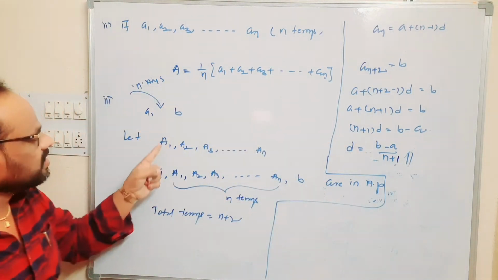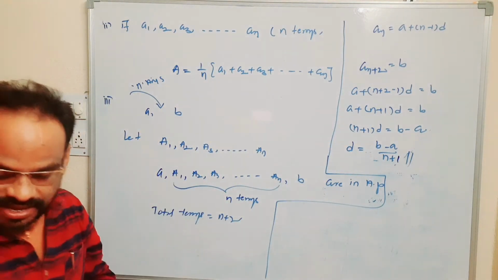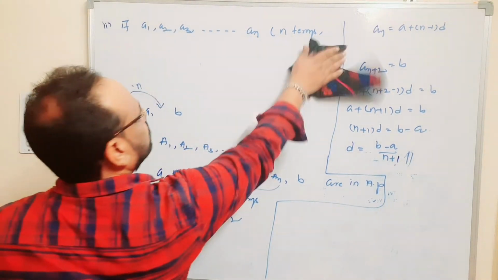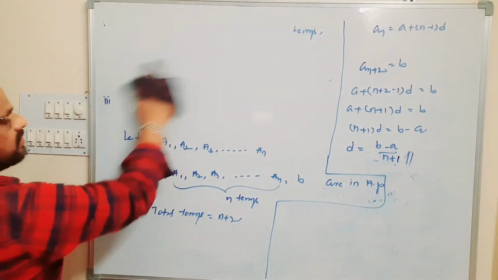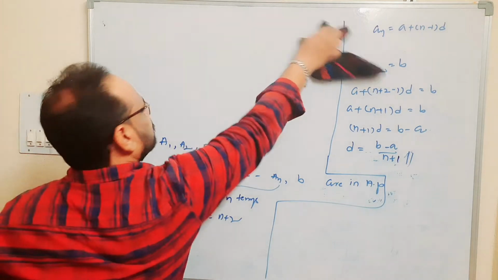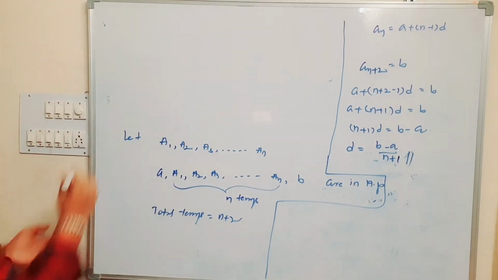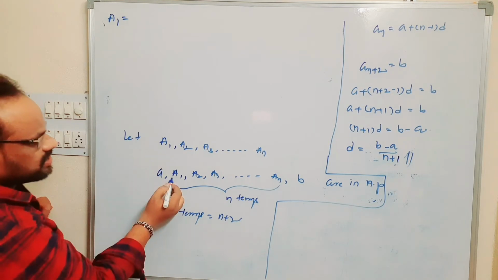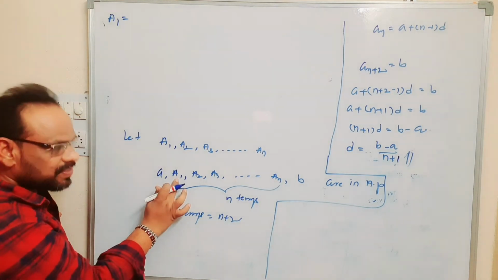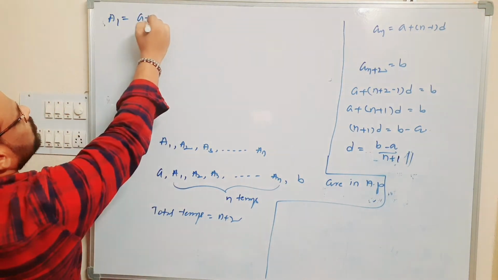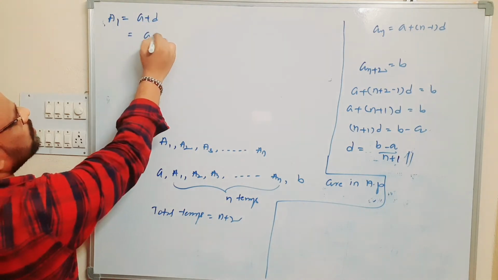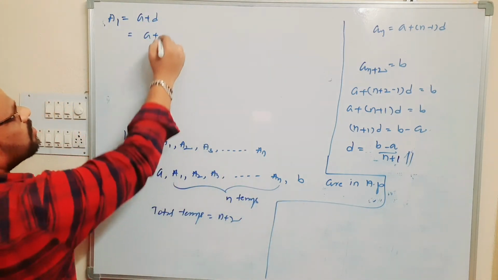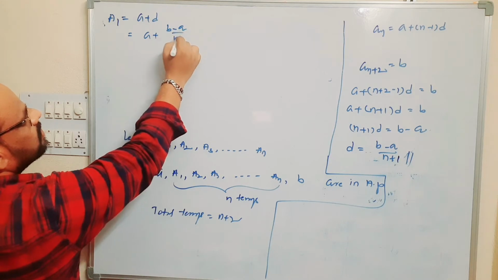How to calculate a1, a2, and a3? The position of a1 is a plus d, so a1 is equal to a plus d, which is a plus b minus a by n plus 1, since that is the d value.